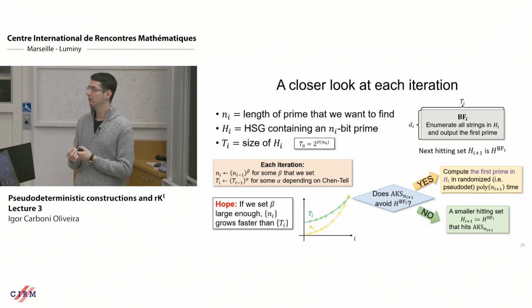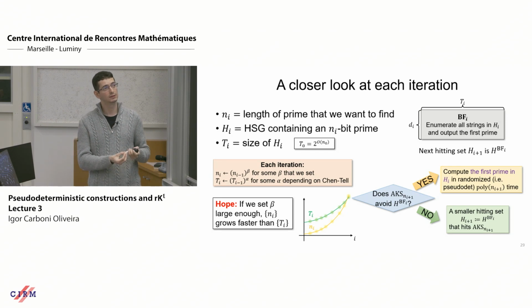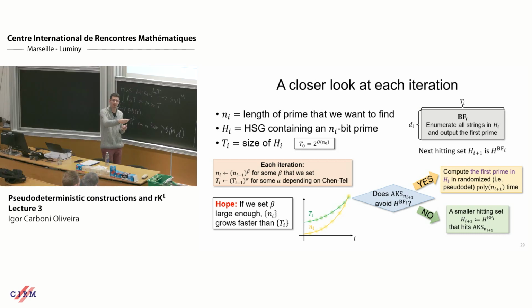So what are we hoping to get? How are we making progress here towards a polynomial time procedure? What's happening is that the complexity of producing Ti is increasing in absolute terms, like how many steps of computation I need to generate the set Ti. But relative to the input lengths, it's not increasing. It's decreasing.